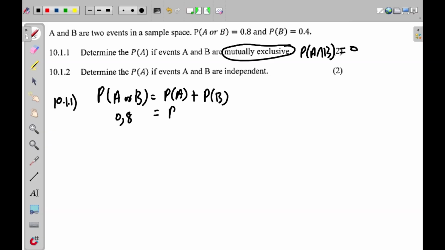I am looking for probability of A, and I have been given probability of B, which is a 0.4. So surely, to get a 0.8 from a 0.4, you need to add another 0.4. Or you can simply go 0.8 minus a 0.4. And you will all agree that in this situation, probability of A must indeed be 0.4.